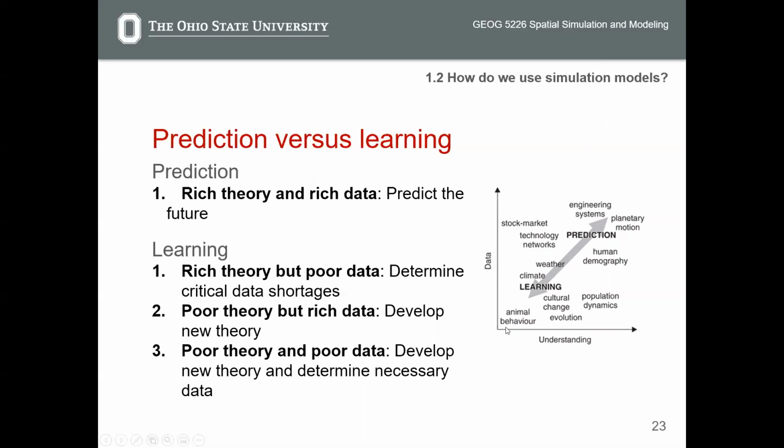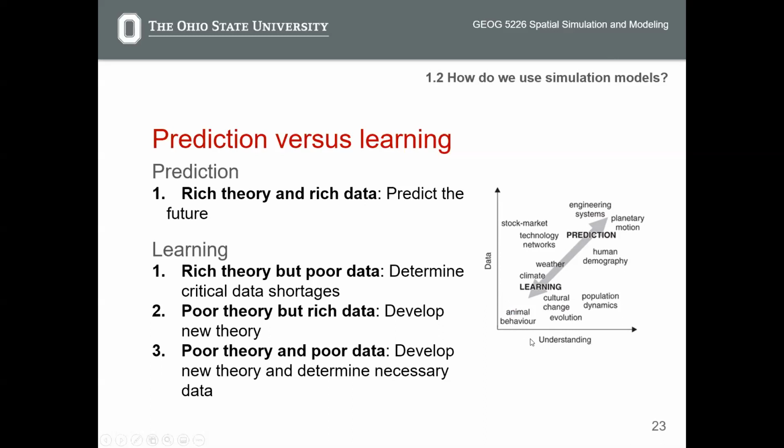It means that your theory is bad. On the other hand, if your data is good, you have a lot of data, high quality data, your model is here along the vertical axis. If you don't have enough data, the data quality is poor, your model is here along the vertical axis.